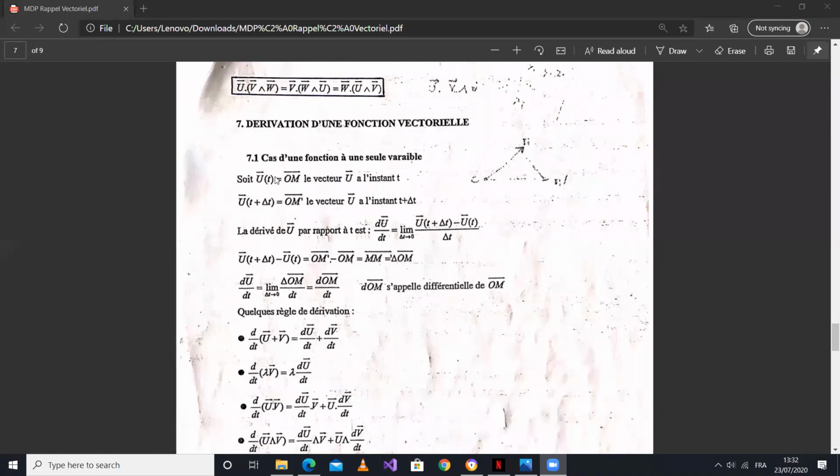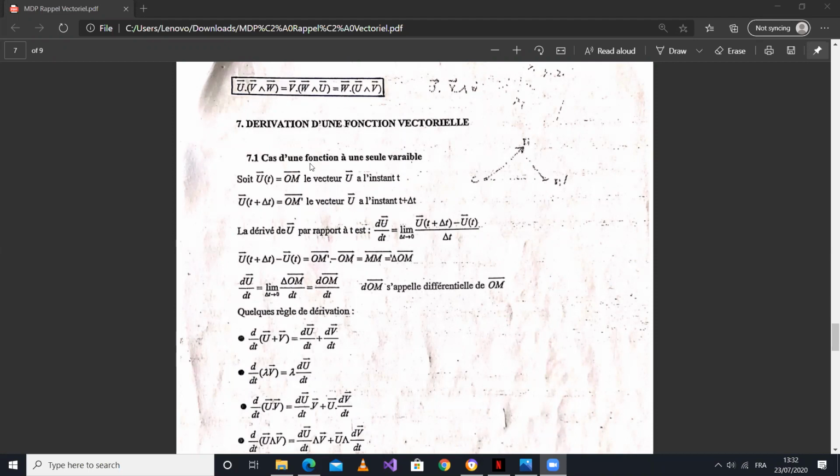So we have our initial position at e(t). They have put the t here to show you that at time t, you were at u here, the first position, the initial position. Then we also have e(t plus delta t). That means after delta t now, you have spent a time of delta t. You are no longer at e(t), you are at e(t plus delta t). You have moved in time.